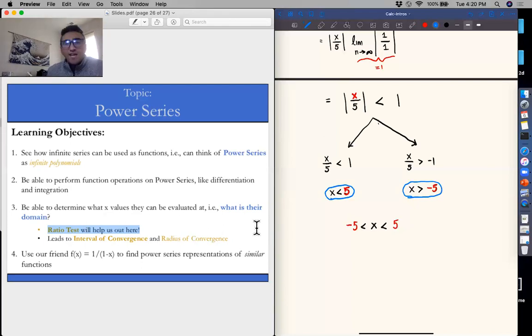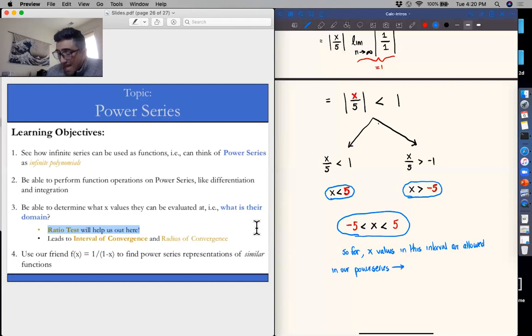So let's just summarize where we are right now. So far, x values in this interval are allowed in our power series. Again, what this really means is if we use these x values in our power series, we get a convergent series in return.